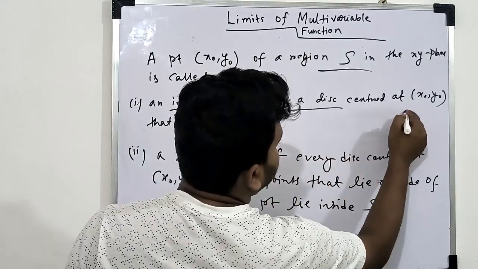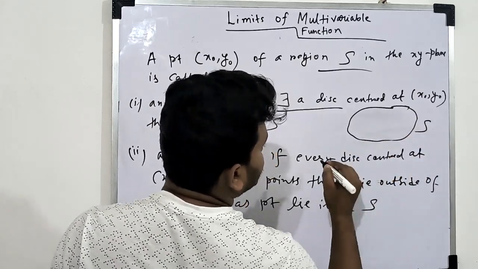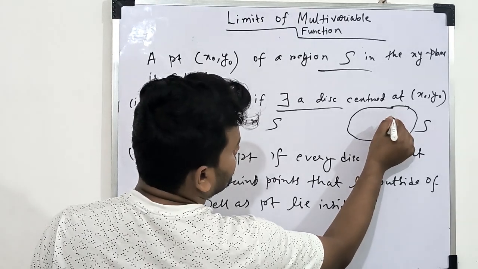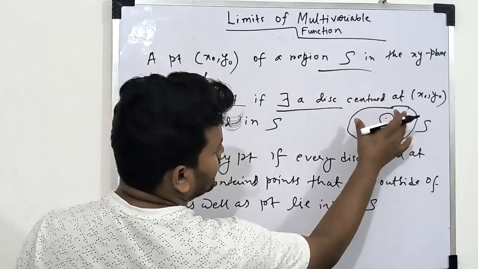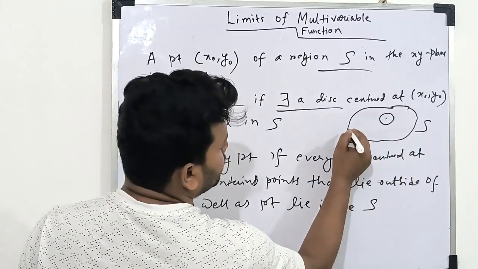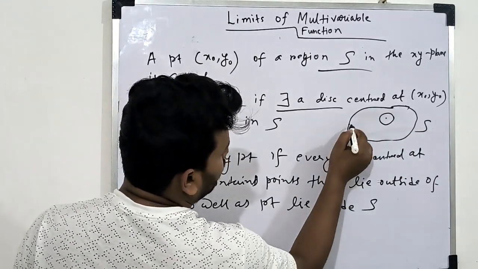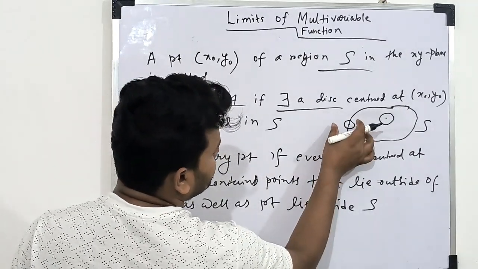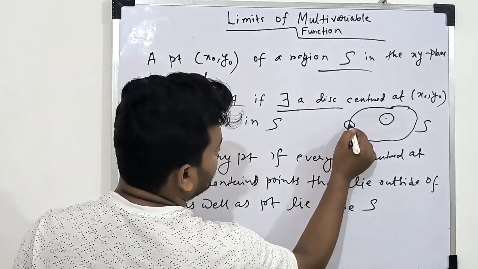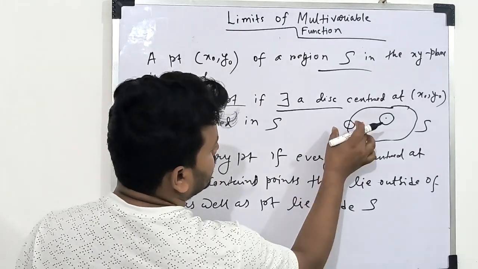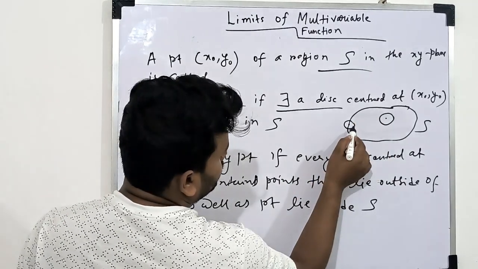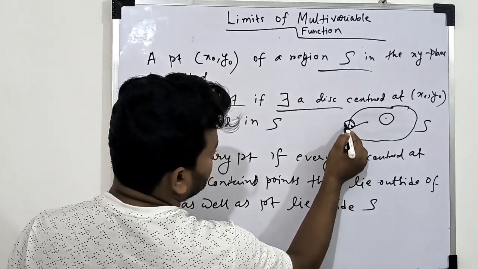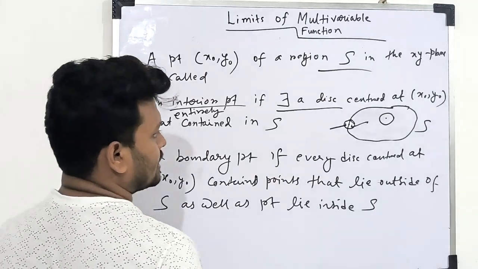Suppose this is the region S and one element (x0, y0), and there exists an open disk entirely contained within S. But from this other point, we cannot find a disk, that is, there exists no such disk centered at this point which is entirely contained in S. In this case it contains some points from this set and some points which are not in the set.